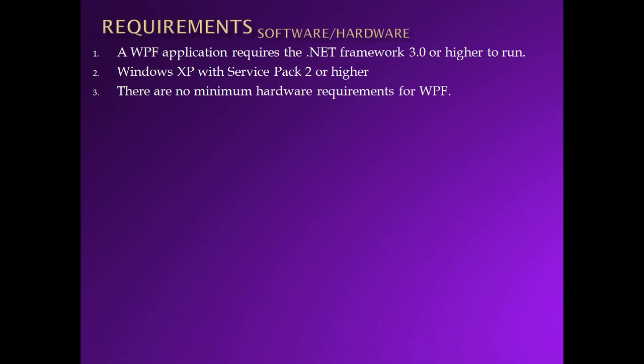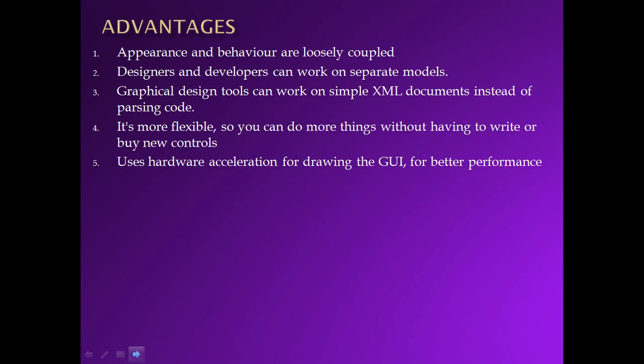The second point is, what are the advantages of WPF? The very first advantage of WPF is that appearance and behavior are loosely coupled. So first of all, what are appearance and behavior? Appearance is where you create your controls like buttons, drop down list boxes, text boxes, and so on.